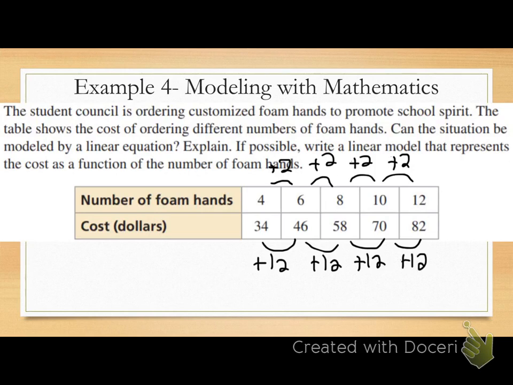So do I have a constant rate of change? I do. So is this linear or nonlinear? Linear. So this can be represented by a linear equation.